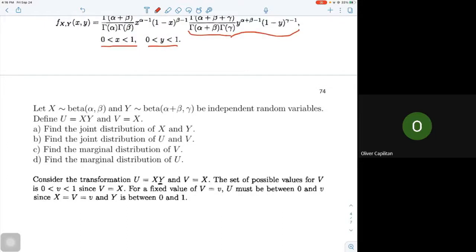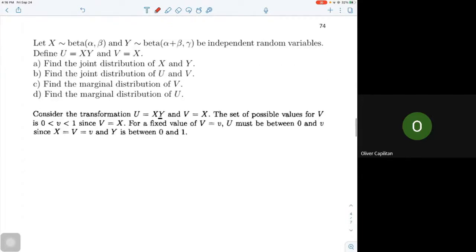Okay, so this is our transformation now. u is equal to the product xy, v is equal to x, and so the set of possible values for v, since x is equal to v and x has a beta distribution, would be between 0 and 1 exclusive.